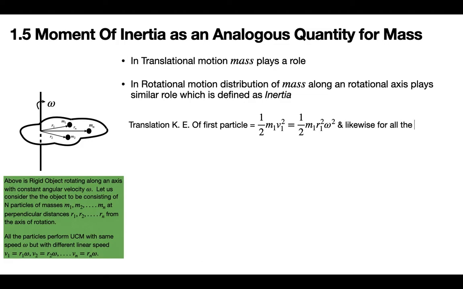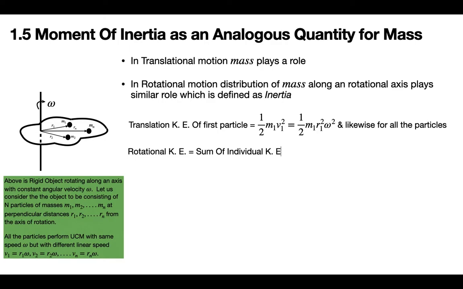So the kinetic energy of the first particle we can write as half m1 v1 square, and if we substitute v1 equal to r1 omega, we can rewrite the kinetic energy of each particle as half m1 r1 square omega square.